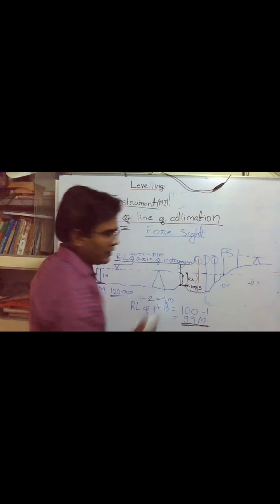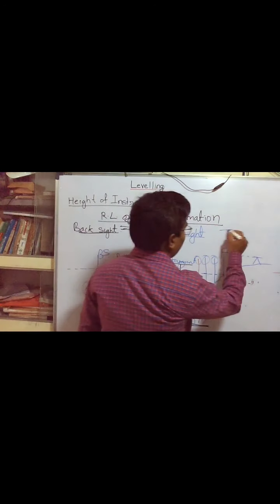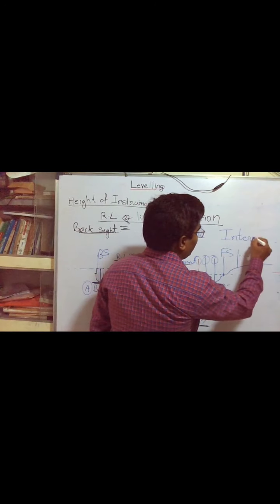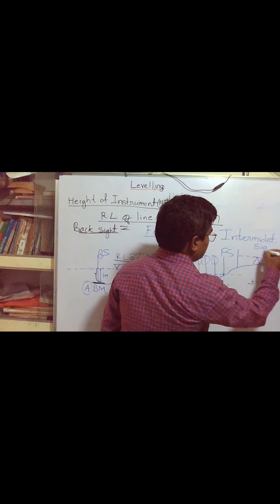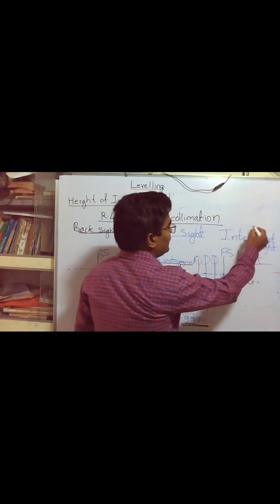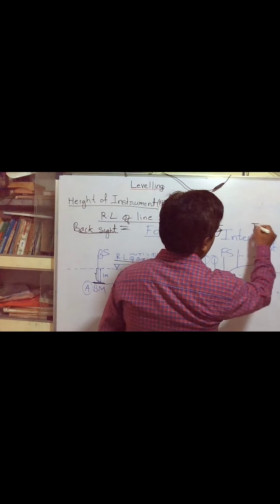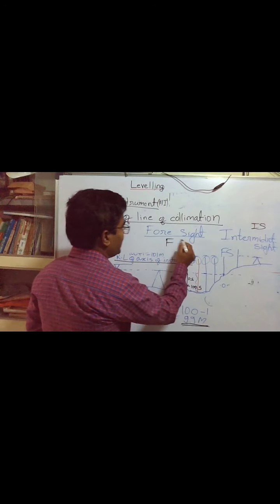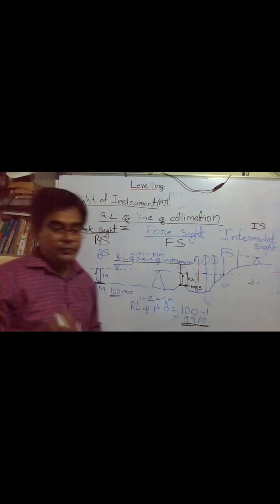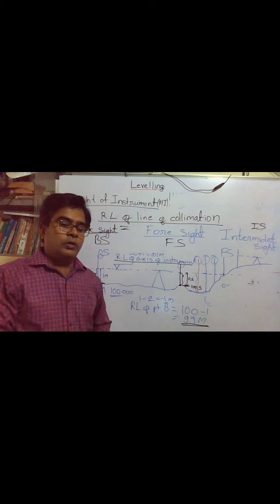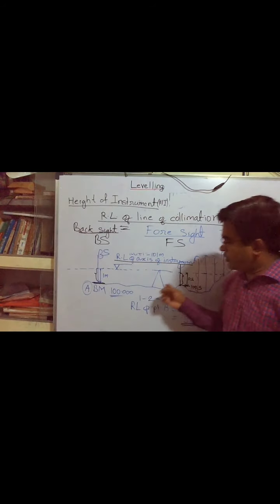Whatever readings I take in between the backside and foresight are called intermediate sight. In short form, intermediate sight is written as IS, foresight as FS, and backside as BS. These are the definitions. Now we will move on to the different methods of reducing levels.